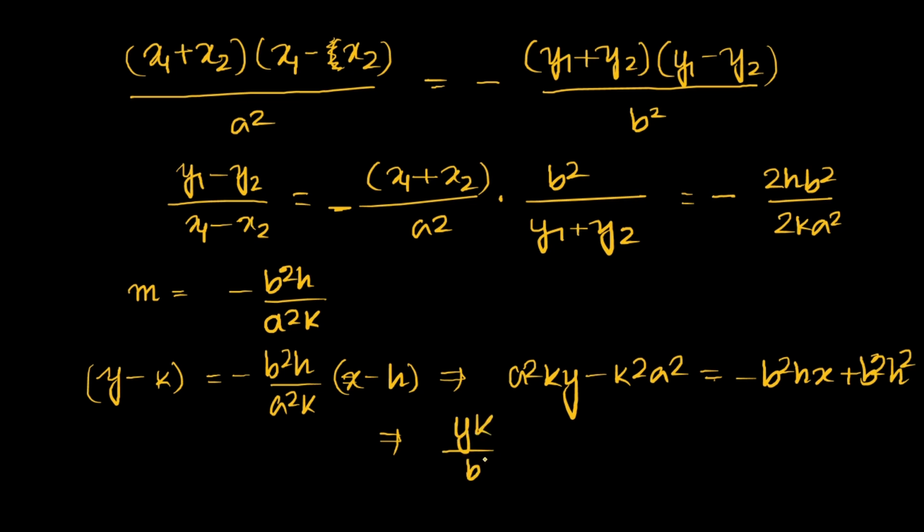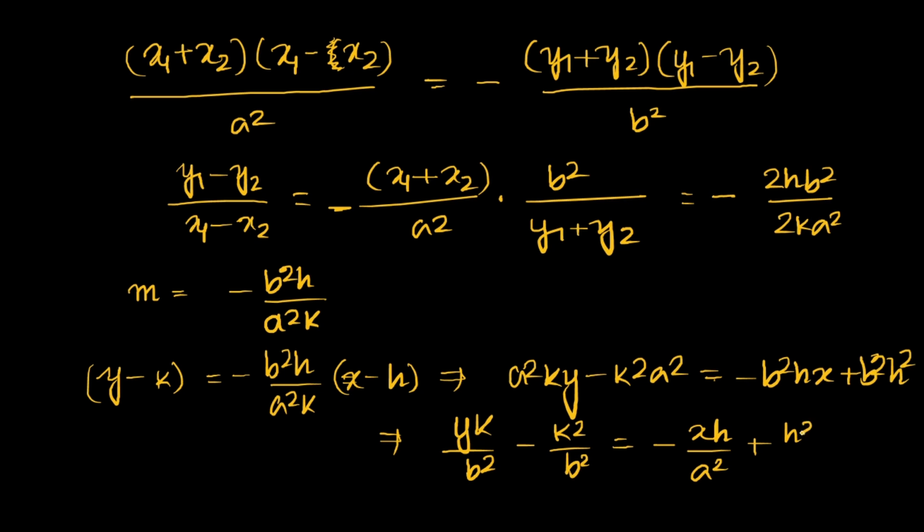yk by b square minus k square by b square equals minus xh by a square plus h square by b square. So we have already obtained the equation, but we are currently trying to put it in a good form.